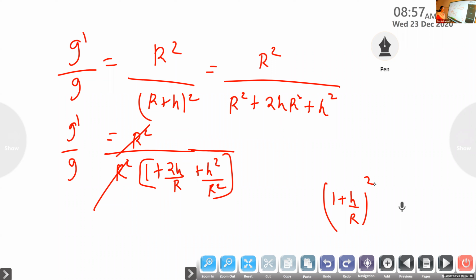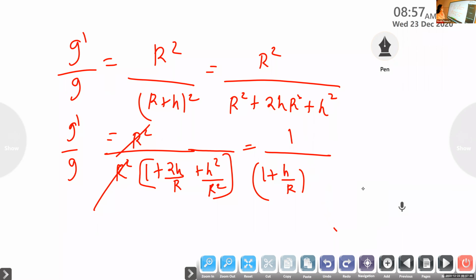That is another (a plus b) square format, where 1 is a and h by R is b. Therefore you get a squared plus 2ab, that is 2 into h by R, plus b square, that is h squared by R square. So instead of this, you can write in that format: g dash by g equals 1 by (1 plus h by R) whole square. Any doubt? Okay.